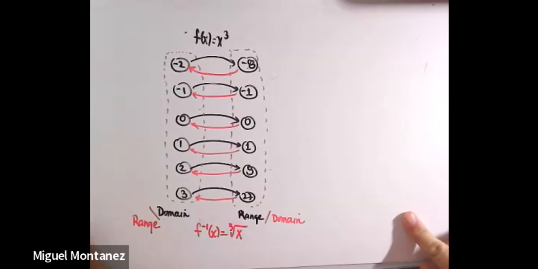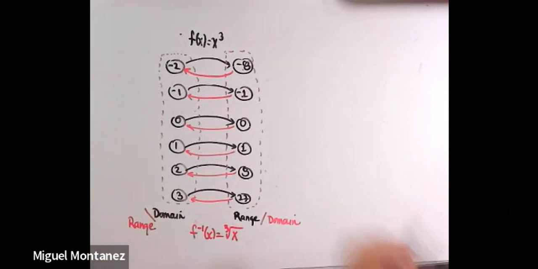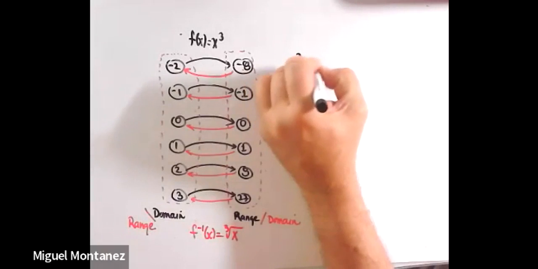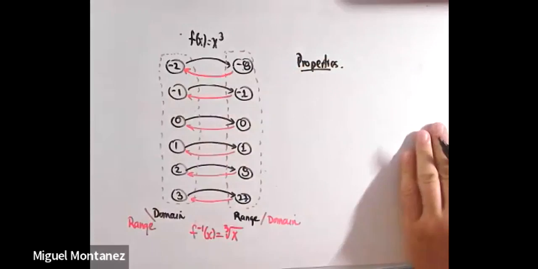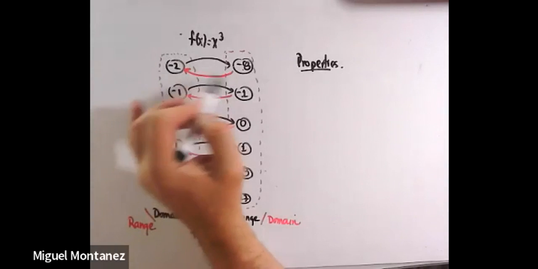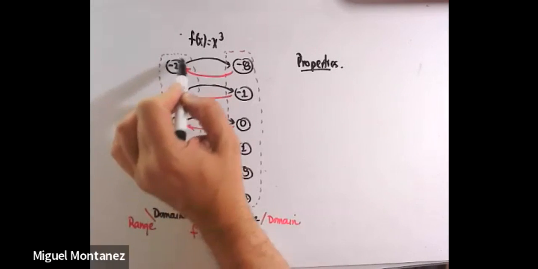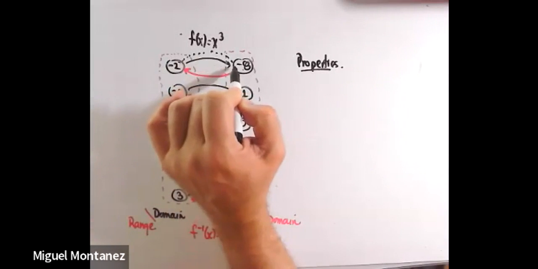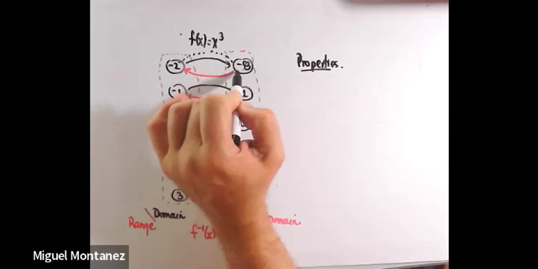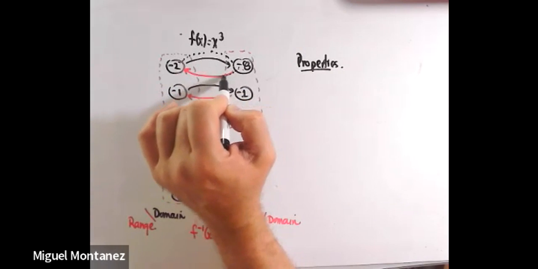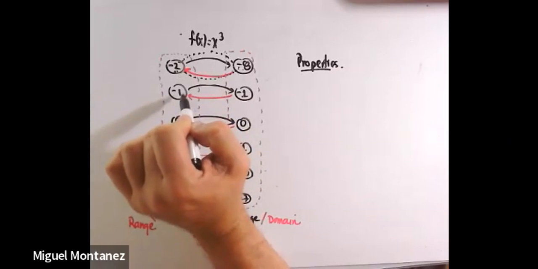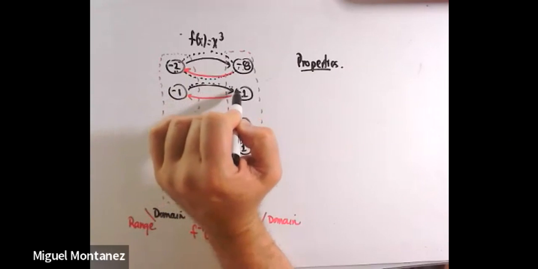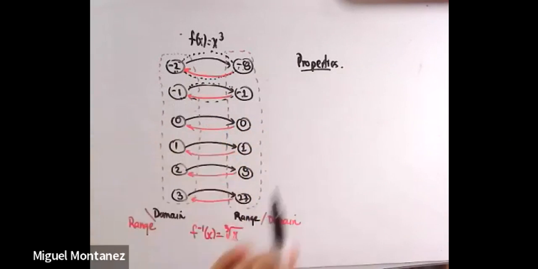So there are three main properties of inverse functions. Let's go ahead and write down two of them. Because of the fact that we start in point A, we take a little road, we land in another place, and then we take the road back and it takes me to the original starting point.